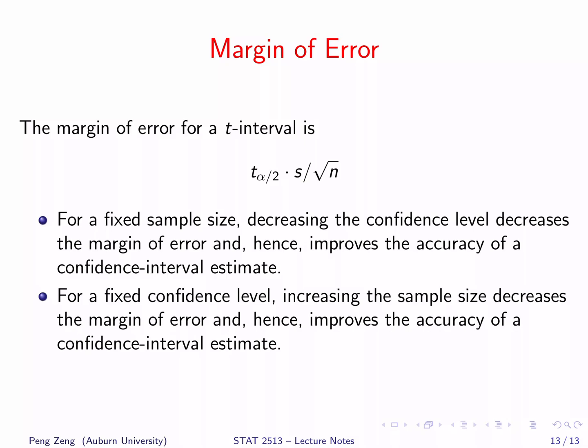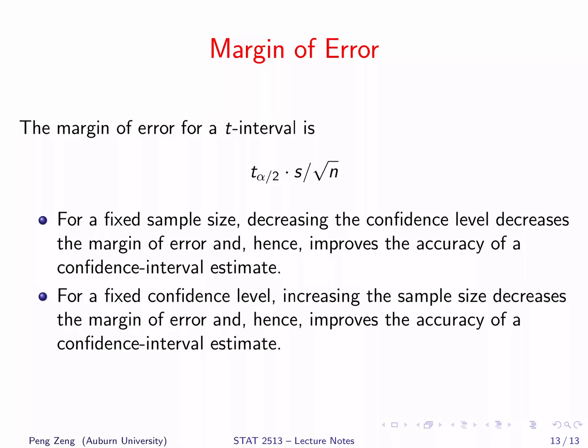The margin of error for a t-interval is t alpha over 2 times s over square root n. The margin of error indicates the accuracy. A small margin of error is always preferred. We have discussed before the relationship between margin of error and confidence level and sample size. Those discussions are still applicable for t-intervals.